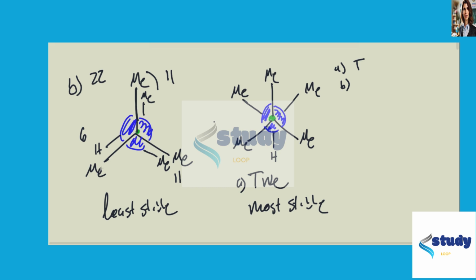So recall that methyl interactions are partly torsional and partly steric. And so if it totals 28, not all of that can be torsional. Some of it is steric. Okay, so B is false. Tricky one.